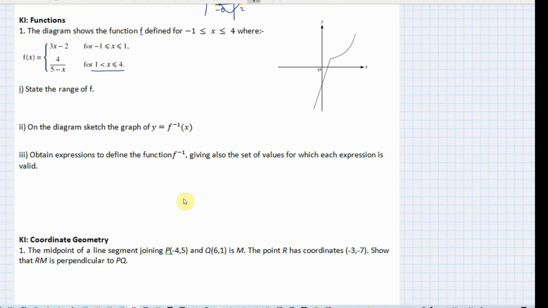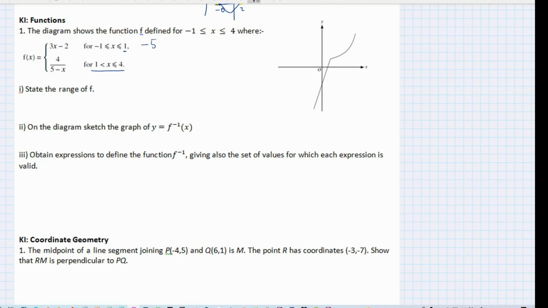Well, let's just look at what the values are when we chuck in a minus 1. This is 3 times minus 1 is minus 3, minus 2 is minus 5.